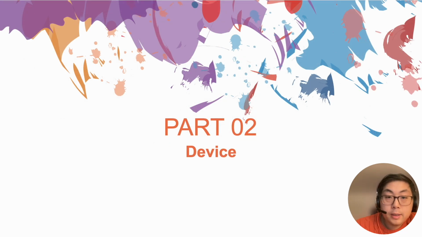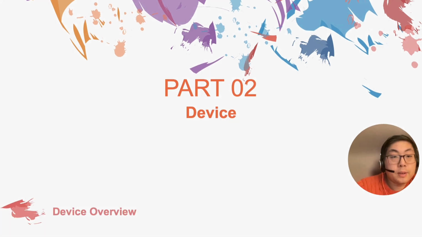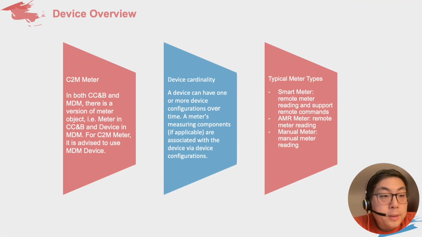Now let's look at the device. First of all, before C2M, both CC&B and the MDM had an object for meter. In CC&B it's called meter, and in MDM it's called the device object.